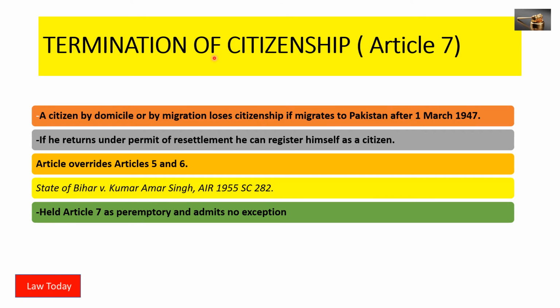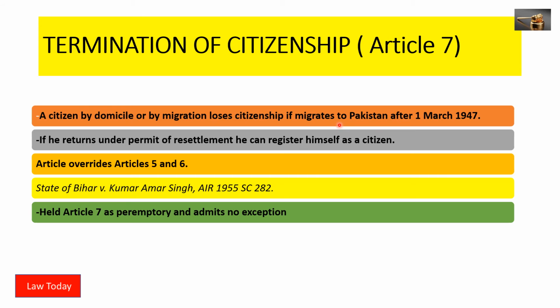Article 7 deals with the termination of citizenship. According to this provision, a citizen of India by domicile under Article 5 or by migration under Article 6 ceases to be a citizen if he has migrated to Pakistan after 1st March 1947.